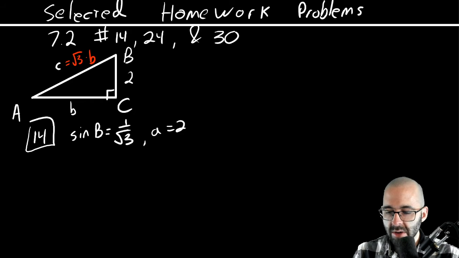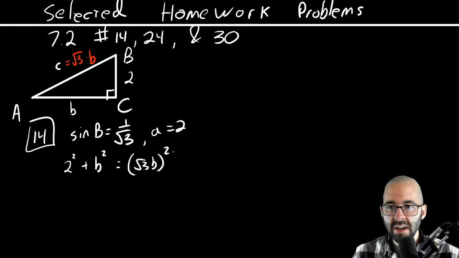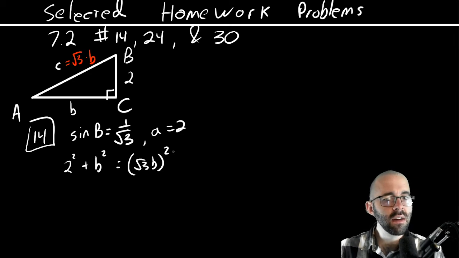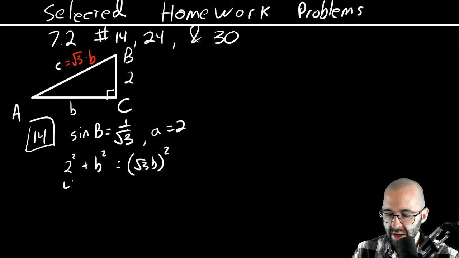So if we use the Pythagorean theorem, what we're going to have is A squared plus B squared equals C squared. Be very careful. I'm going to include parentheses right here to make it a little easier to see what's going on. And then let's simplify.